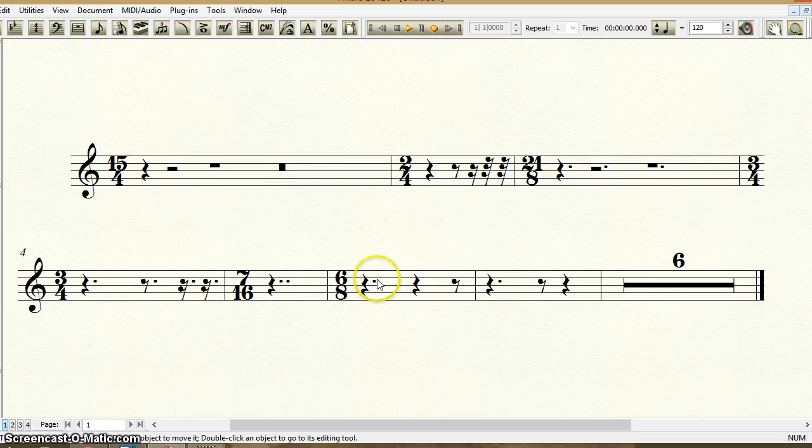I did the example of a dotted quarter rest here, which you can write as a quarter rest and an eighth rest, or over here I have a dotted quarter rest followed by an eighth rest and a quarter rest. Like I said, these two are entirely the same thing, just switching up the order.